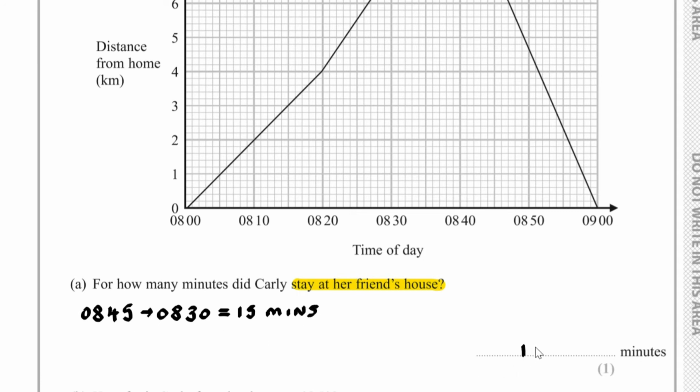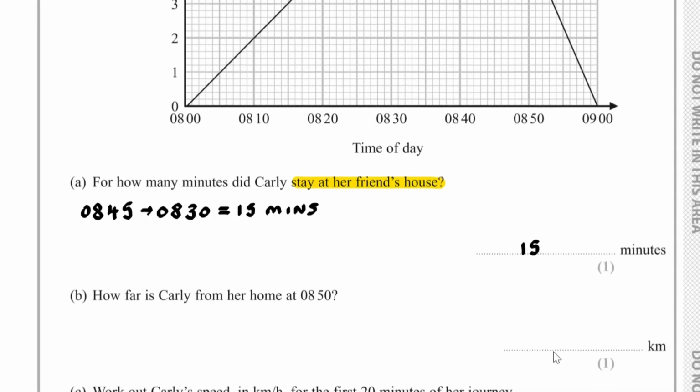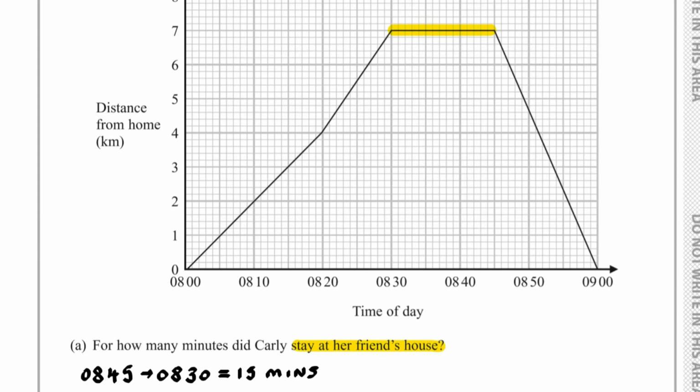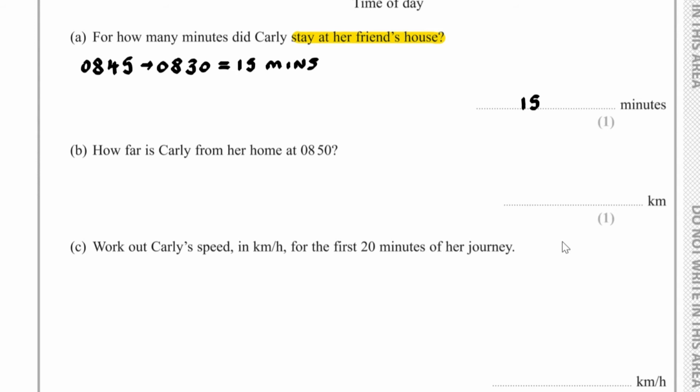So we have 15 minutes. For part B, how far is Carly from her house at 8:50? So the way we can approach this question is to draw a line up from 8:50 and then read across. You can see we have 4.6.